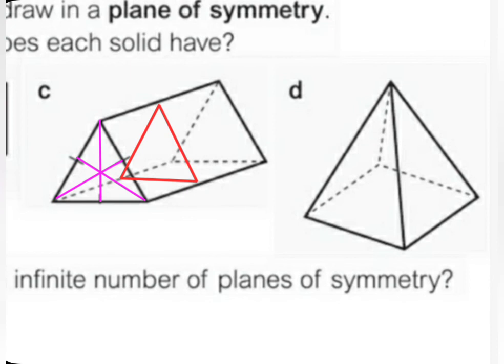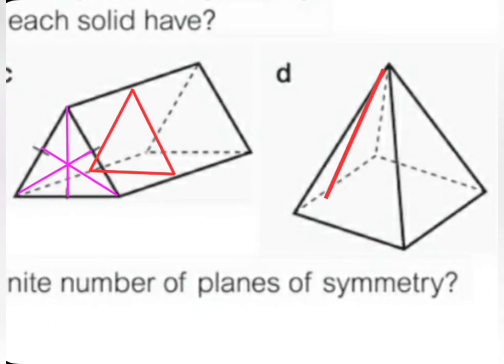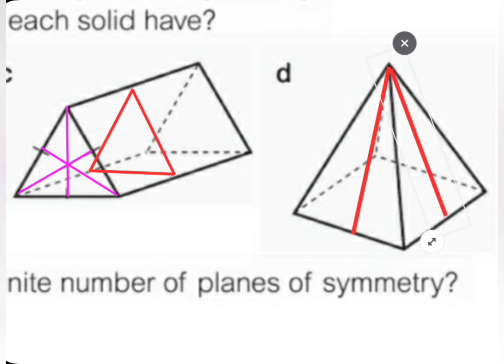Same idea for D. We have 1 here, 1 here in the middle. Let me fix it. And 1 here. So these are 2. Yes, 1 here and 1 here.